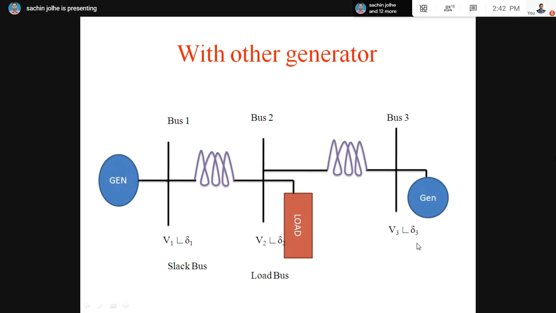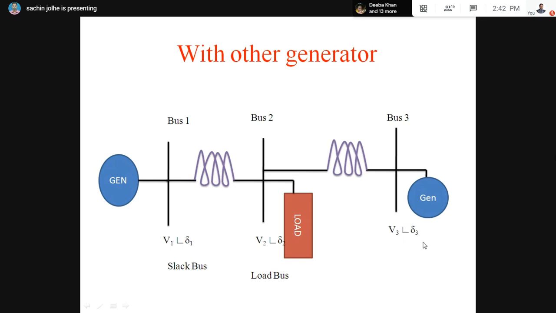Now, what in this case also? As we know this is a slack bus, the voltage and angle are known to us. Now, in this case, although the generator is there, we can control its voltage only. Remember, we can control its voltage.